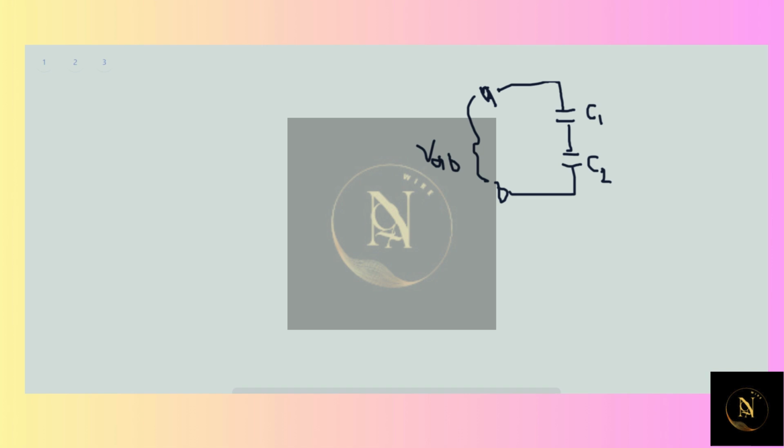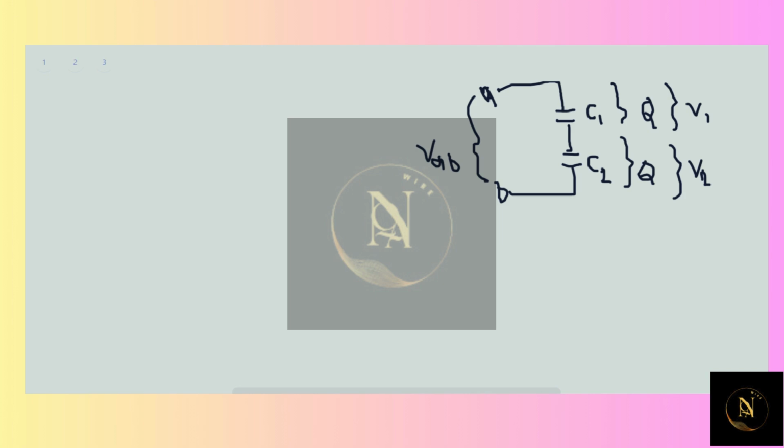Now for a series combination, the charge across each of them is equal, but the voltage across each capacitor is different. So let's say the potential difference across capacitor C1 is V1 and across capacitor C2 is V2, which we are required to find.